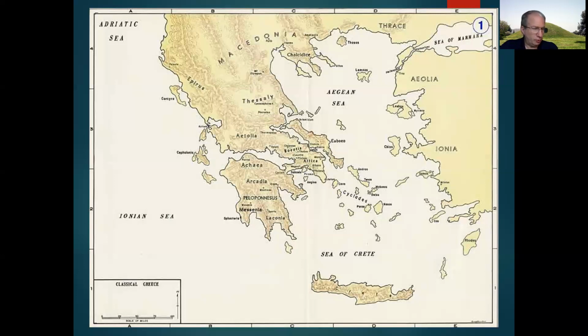Mycenaean civilization reached its peak between 1400 and 1200 BCE. Then, for reasons we do not understand, it collapsed. And by 1100 BCE, Greece entered what scholars call a dark age. This dark age ended around 750 BCE.